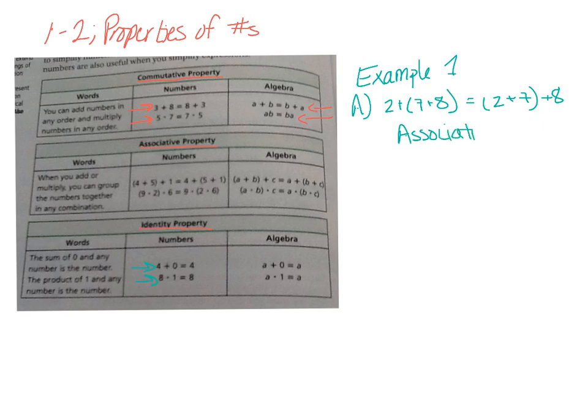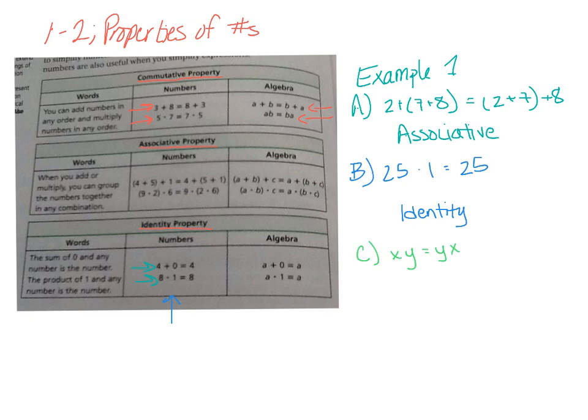Okay, so I'm just going to put associative. The next one is the following. 25 times 1 equals 25, and if we look back at our properties, the identity property told us that if we multiply a number by 1, it remains itself.